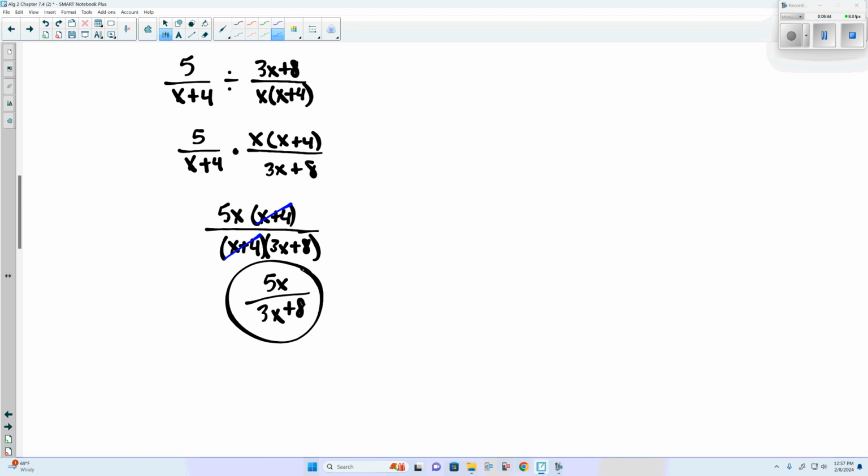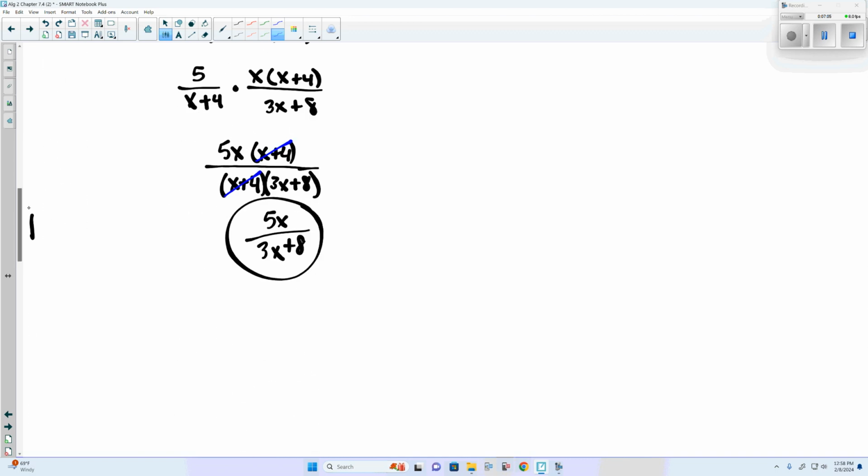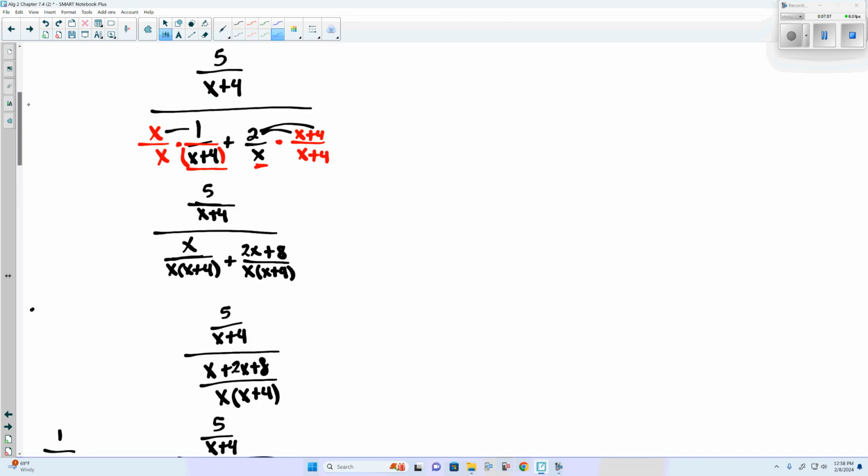So it leaves it as 5x over 3x plus 8. Questions on this here?